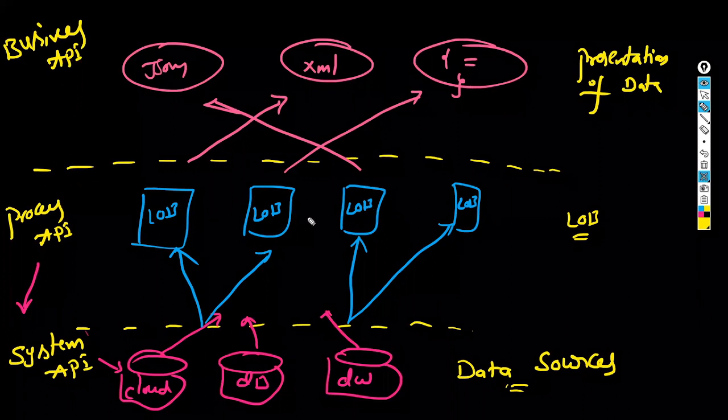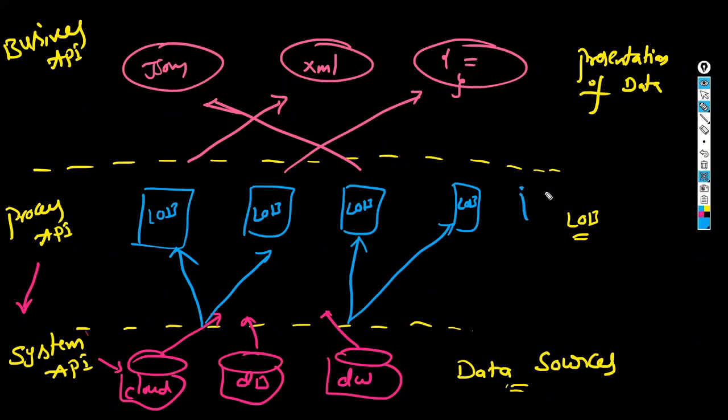So every time a new process requirement comes into your project, which part do we generally need to change? The new requirement means we need to write a new process. So every time we need to create which one: business APIs, process API, or system API? Generally the process API.